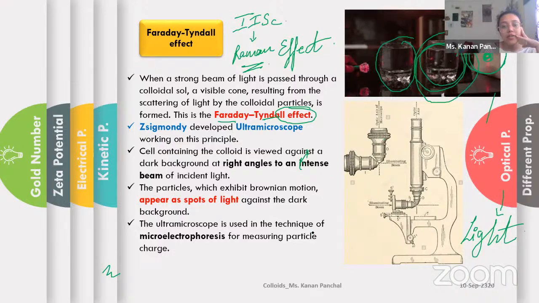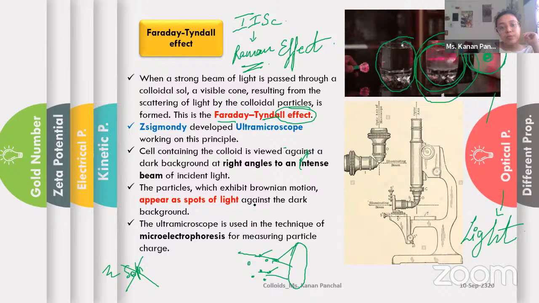This is because of scattering of light. When you have some solute particles or some dispersed particle, which is not a solution, when you have dispersed particles and when light travels, it will scatter light. And that is why you have a bigger area of scattered light, all right.